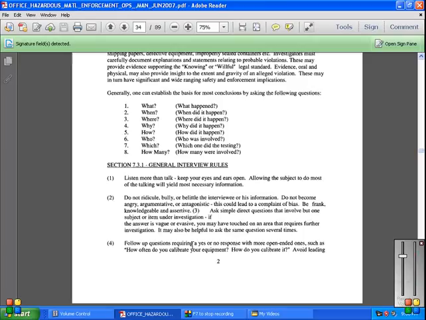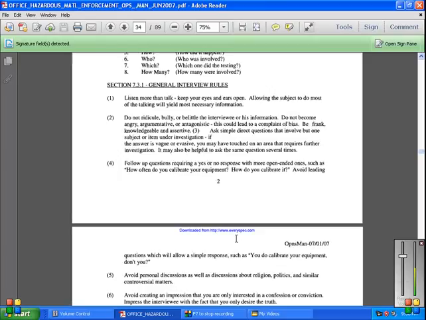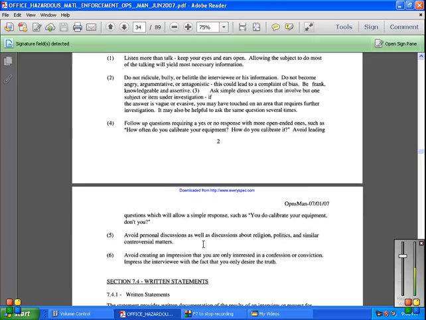Avoid leading questions which will allow simple responses, such as, you do the calibration on your equipment, don't you? Avoid personal discussion as well as discussing religion, politics, and similar controversial matters. Avoid creating the impression that you are interested in confession or conviction. Impress the interviewee with the fact that you only desire the truth.